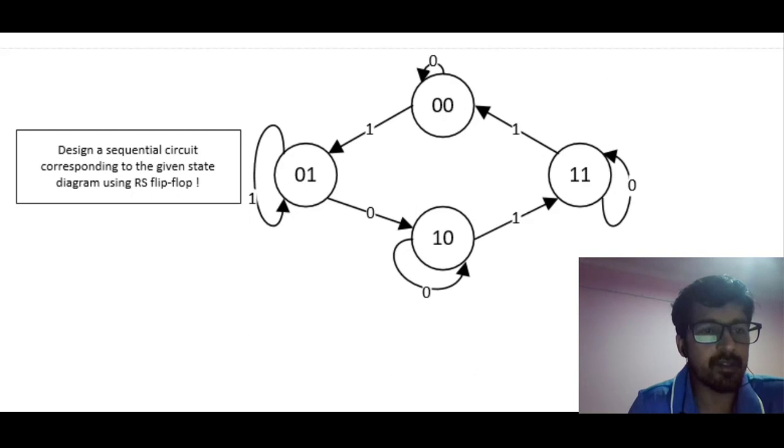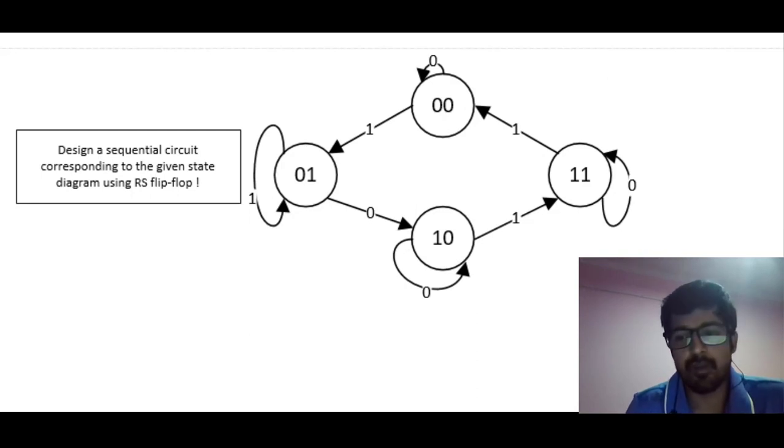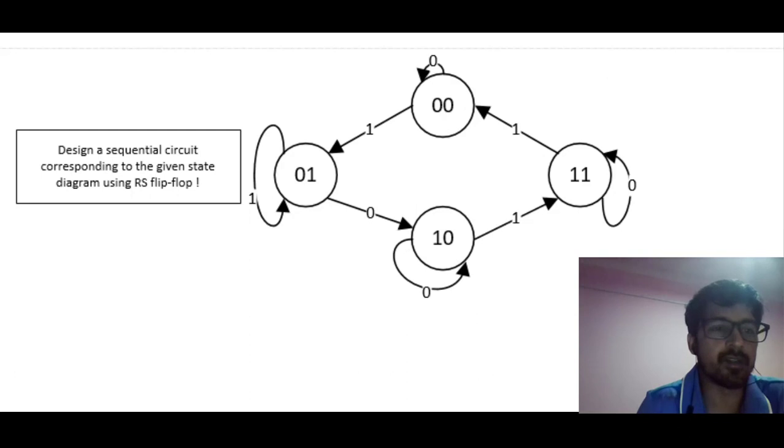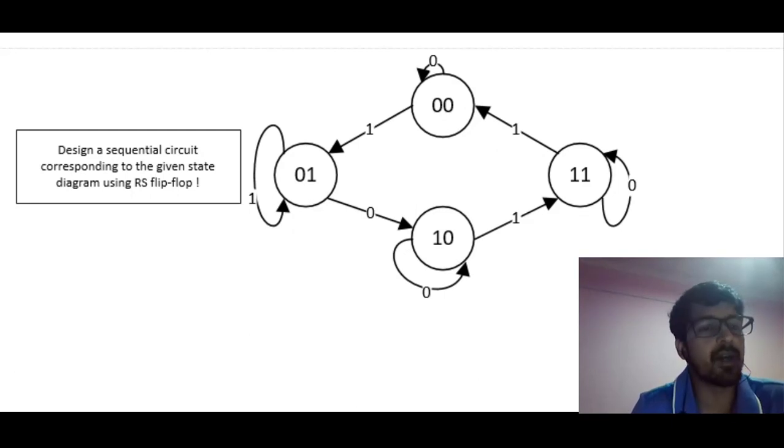In the diagram, we are asked to convert the given state diagram to a corresponding sequential circuit using RS flip-flops only. So the content of this tutorial will be the solution of this given state diagram into an RS flip-flop sequential circuit, which will be simulated. I hope that you are excited to go ahead.